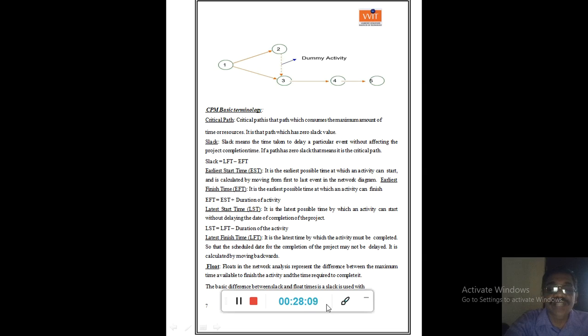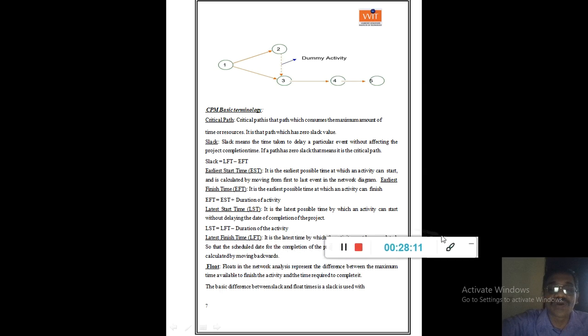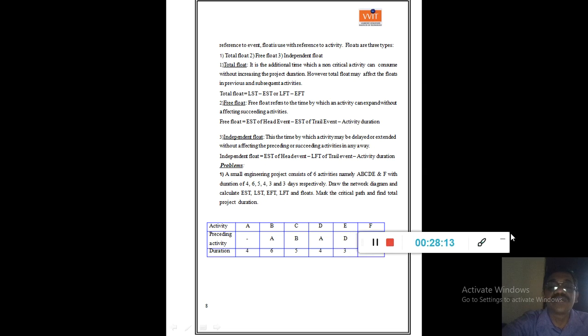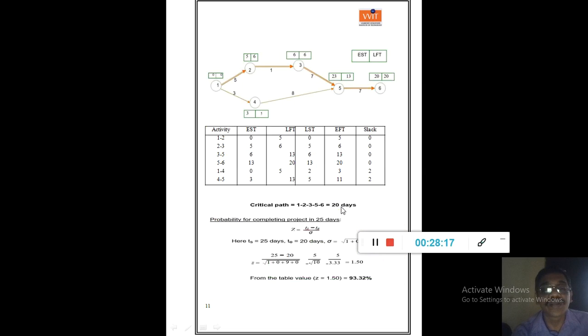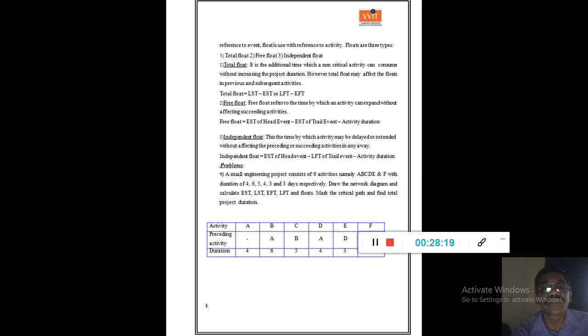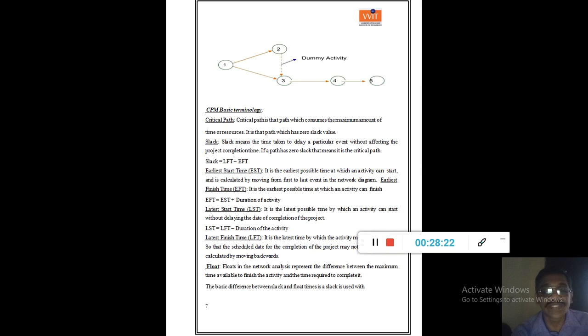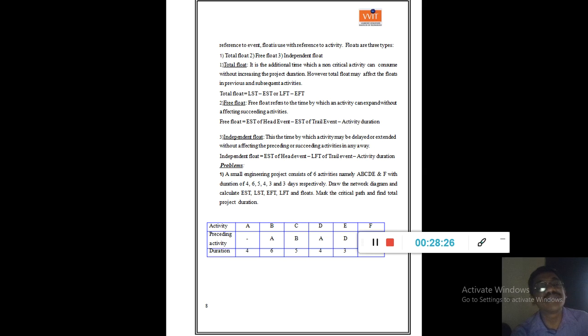If you look at the basic difference between slack and float, slack is used with reference to event and float is used with reference to activity.